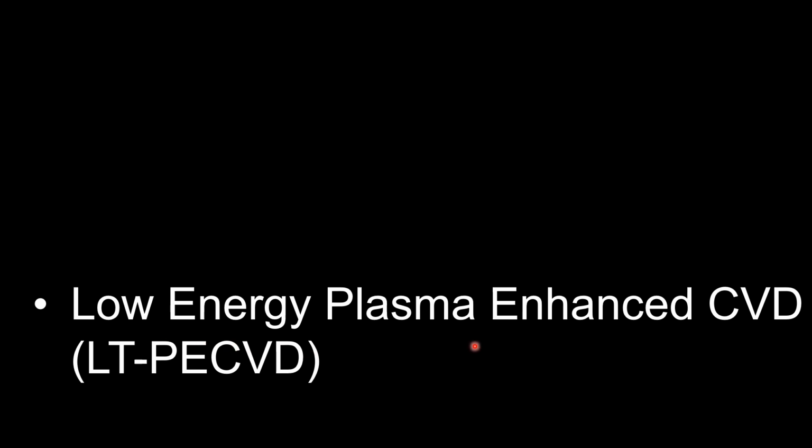Basically, low energy plasma enhanced CVD is employed when you need a high density, low energy plasma in order to deposit epitaxial semiconductor material at a higher rate and low temperature. So low energy plasma enhanced CVD is used if you need a dense coating at a low temperature.